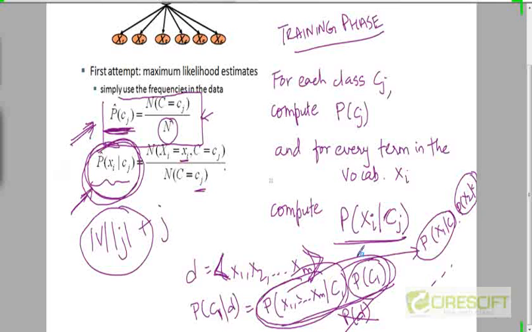So you'll compute the numerator here for all the classes, and you will find out for which class this value was the highest, and that is the classification for that particular document. So this is a summary of the algorithm. Any questions on this?